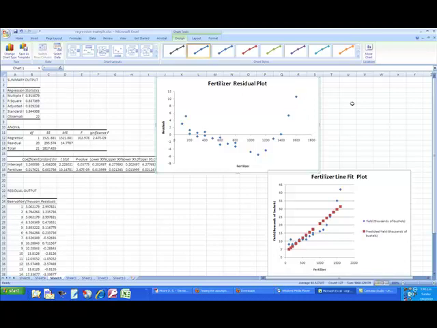So what does it show us here for this particular data set and this particular linear model? Well, if you examine the residual plot and you see any kind of pattern, then that should suggest to you that you haven't captured all the information that was available in the data.